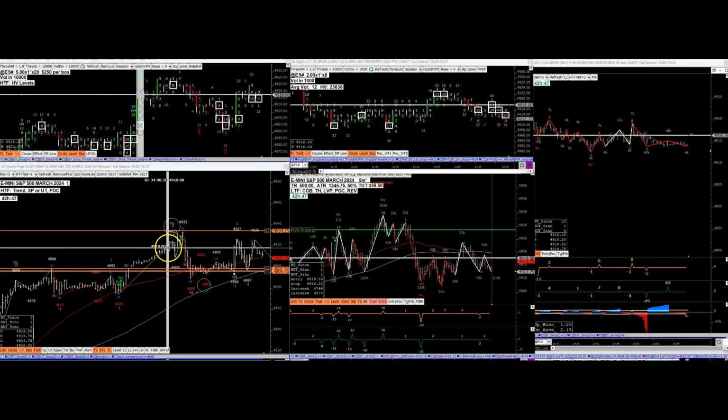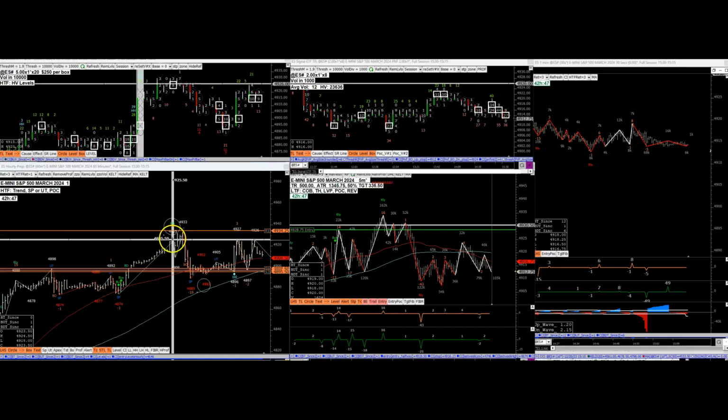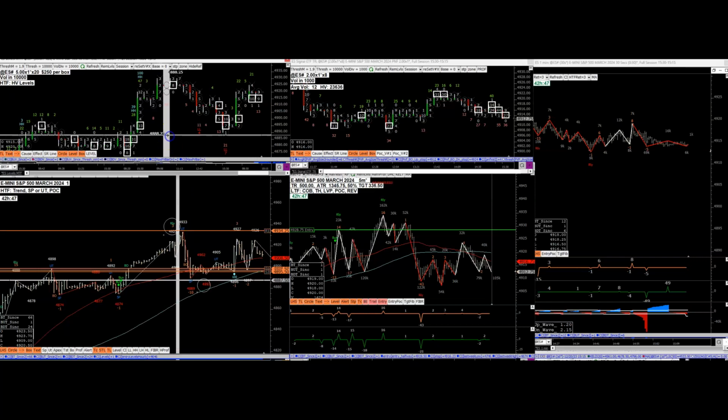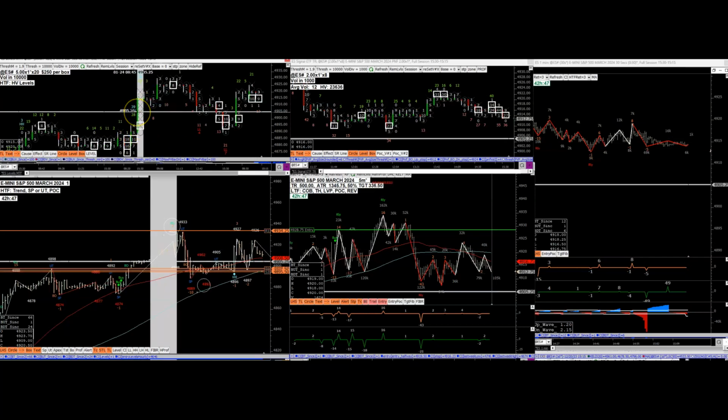This rally is going to get chopped up into equal pieces with volume. So we see that here in this chart. You don't have to use this chart, you can use any chart with volume at price. Any chart with volume at price, whatever it is.